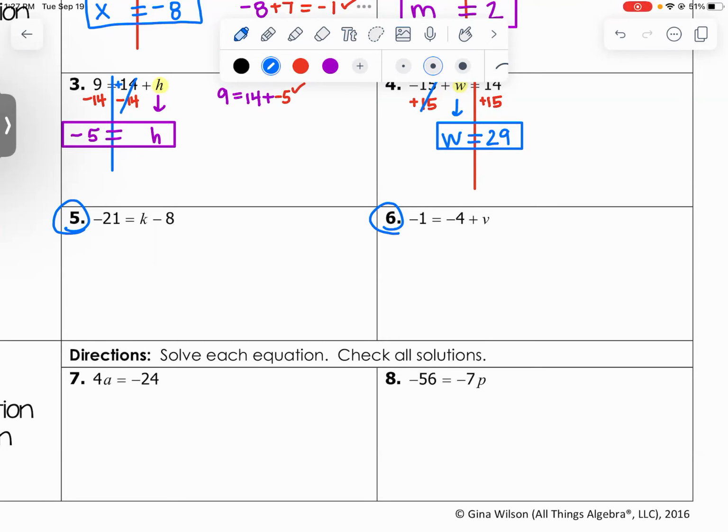Hey, and are you doing these 2 problems? Thank you. So what number from the 8 has the negative? You would add to both sides.